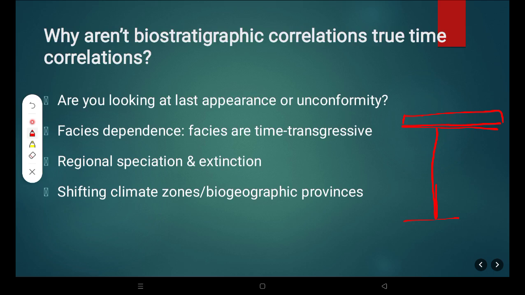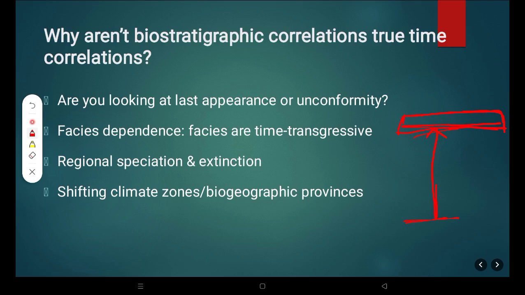We have to be very cautious about this scenario. Like, we are getting a conglomerate bed, and a period of non-deposition or erosion, so we cannot say this is the last appearance. We have to be very cautious about this aspect.